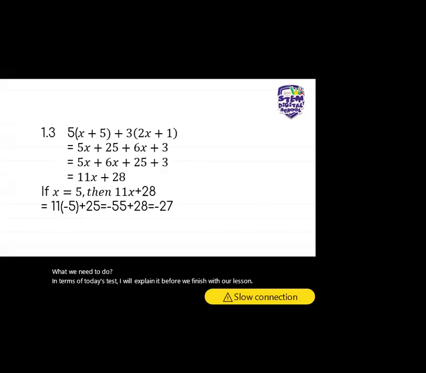And then the next one you can see again, 11x plus 28. Once more, you just substitute -5. If you multiply that by 11, you get -55 plus 28. Once more, when you subtract a bigger number from a smaller number, the result will be negative.